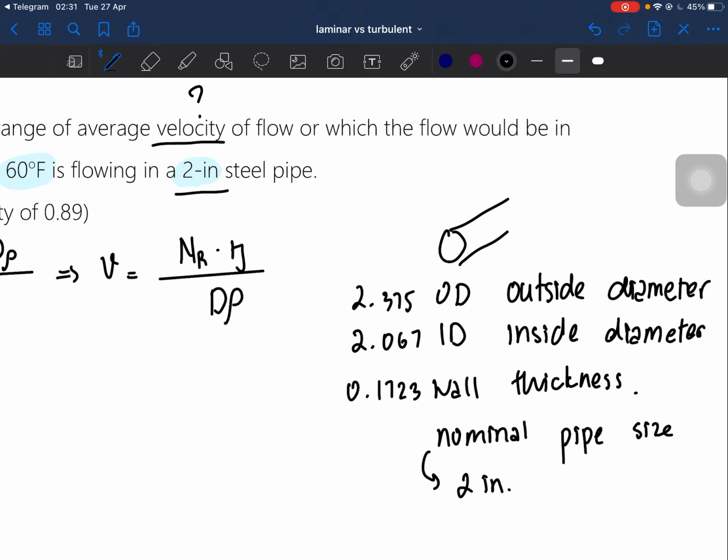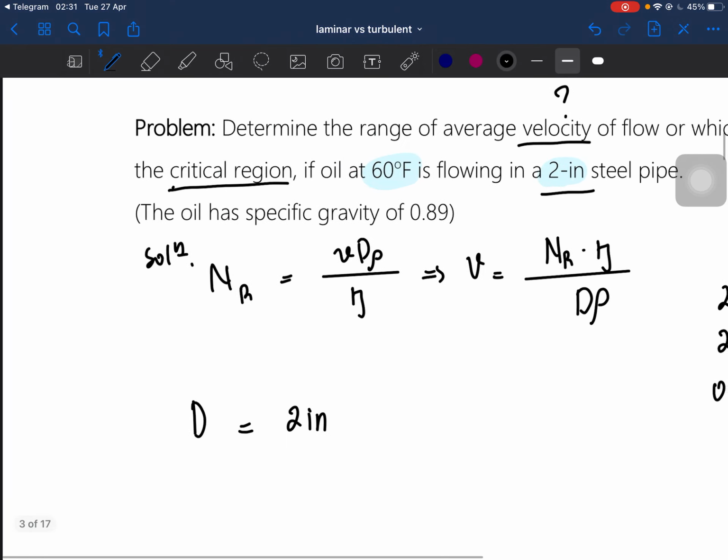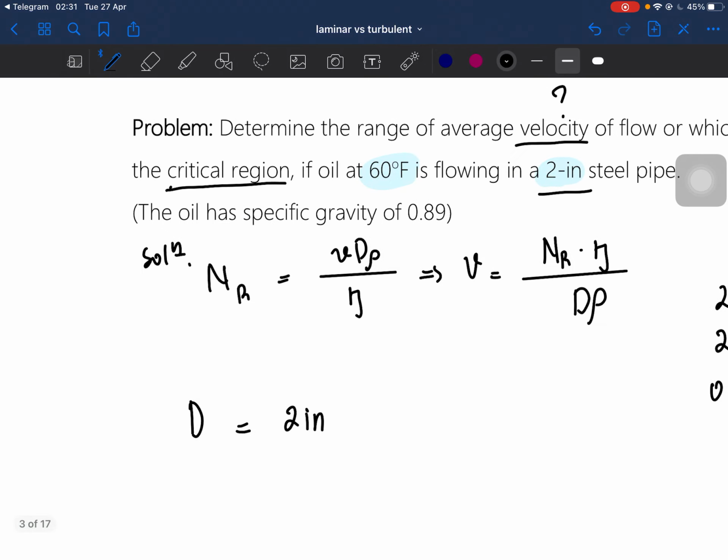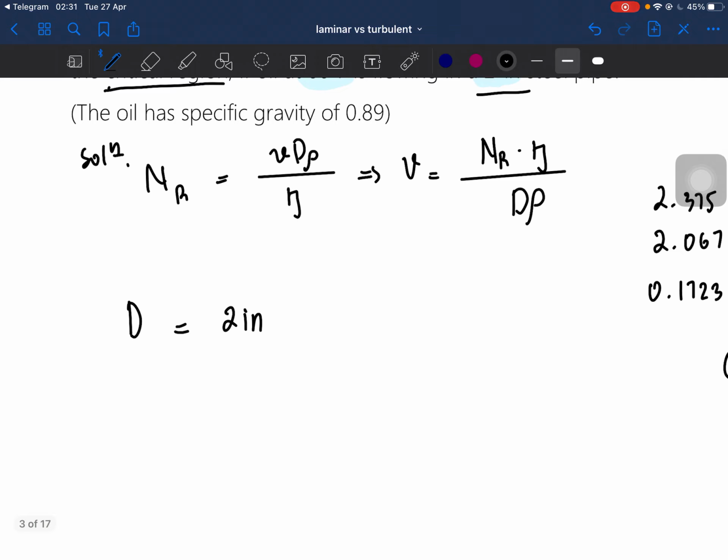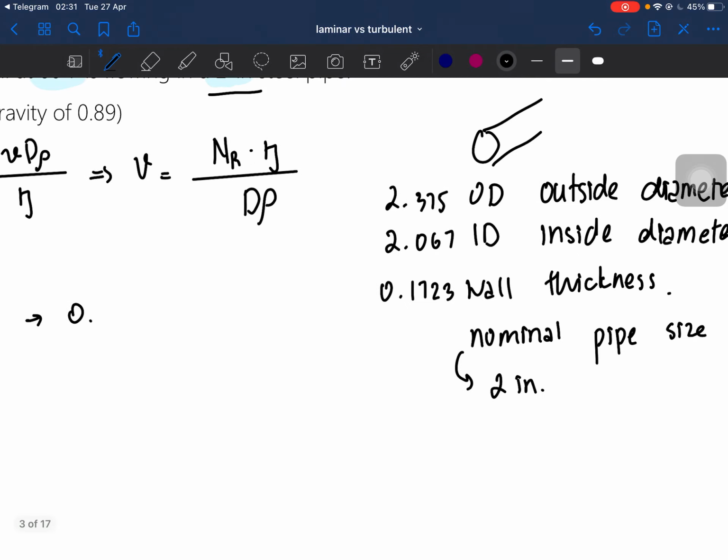So there will be another table that will be very useful for you guys to see all the characteristics of each pipe. So now 2 inch here, we get the actual inside diameter. Why do we need to specify if it is inside diameter or outside diameter? Because the water or the liquid flows inside the tube.